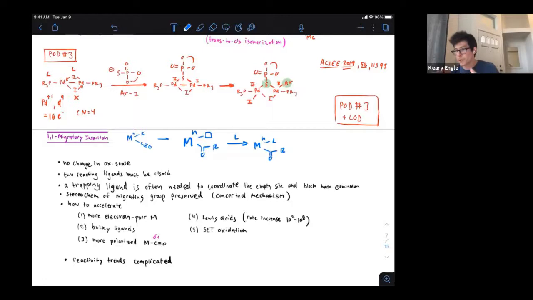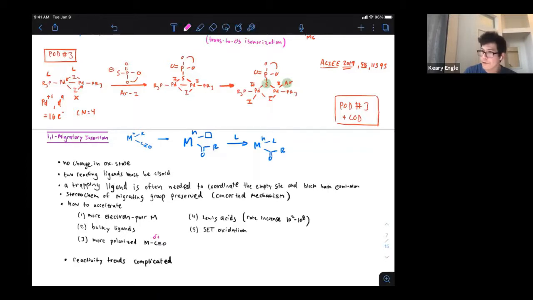This process can be kinetically and also thermodynamically challenging in some cases, as we'll see, but it can be accelerated. Ways to accelerate it are to have a more electron deficient metal center, and to use bulky ligands, analogous to reductive elimination, where you're essentially squeezing out the two groups. When the carbonyl is more polarized, then 1,1 migratory insertion is favored.